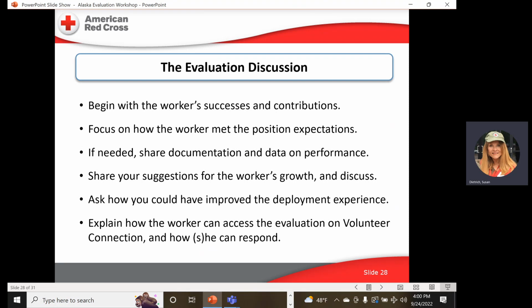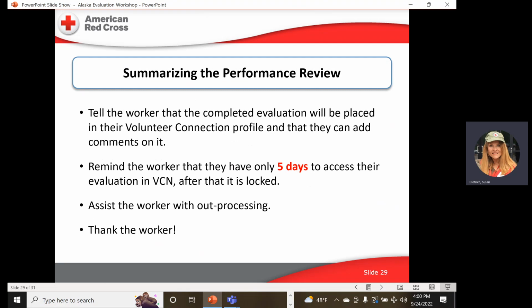They go over and it will say not completed when they're checking, and then finally it'll say complete, or it'll say satisfactory. They can click on it and read it. They have 5 days to respond to that. So they need to go ahead and look at it. After 5 days, that evaluation is locked, so they can no longer make comments on it.